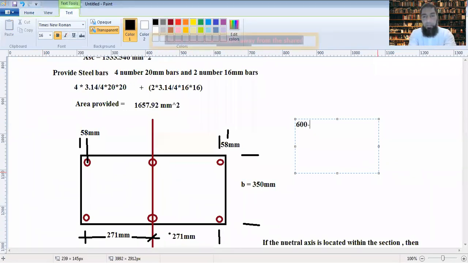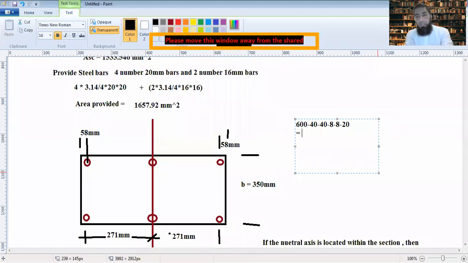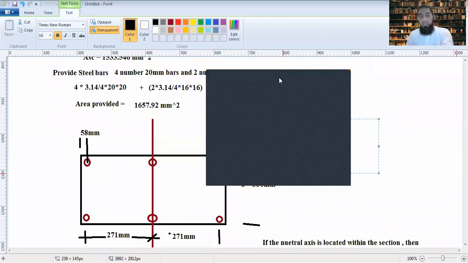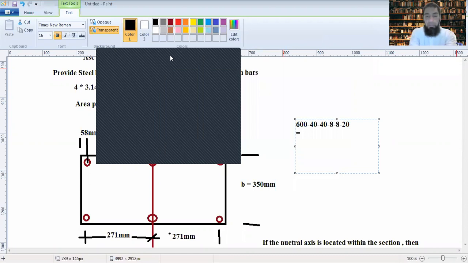600 minus 40 minus 40 minus 8 minus 8 minus then 20, right? So that would be 80, 16 plus 20, that's 116.